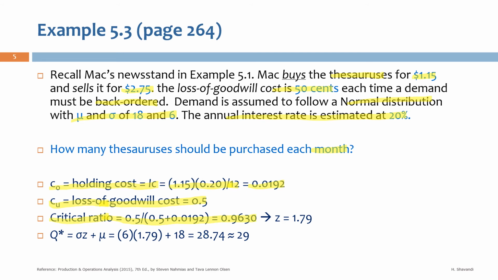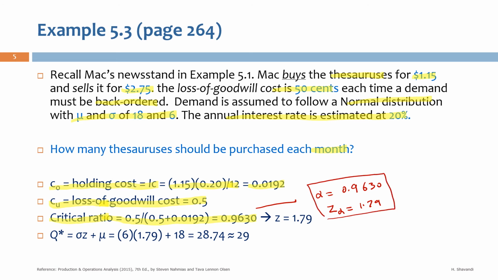Okay, so here, let's say the alpha, the critical ratio, is 0.9630, and the Z alpha will be 1.79, from the standard normal distribution table.